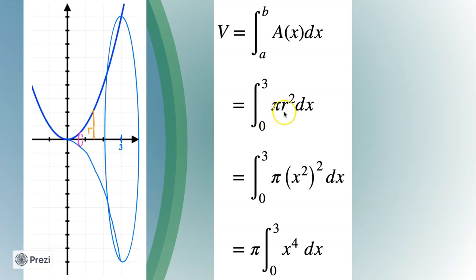So I substitute r equals x squared. Notice how r was squared as well, so we have x squared squared, and that becomes x to the power 4. You can take the pi out because it's a constant, and our volume is going to be pi times the integral from 0 to 3 of x to the power 4 dx.